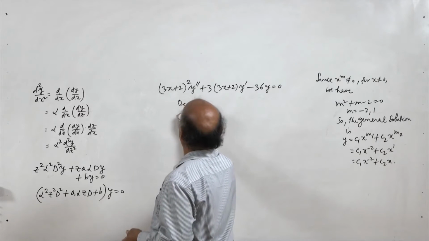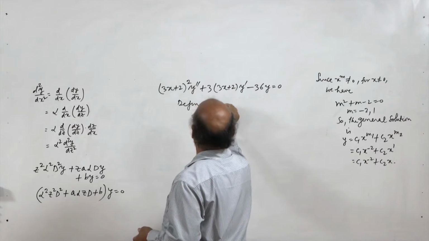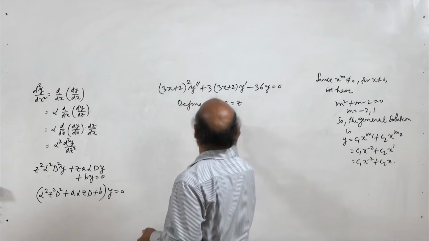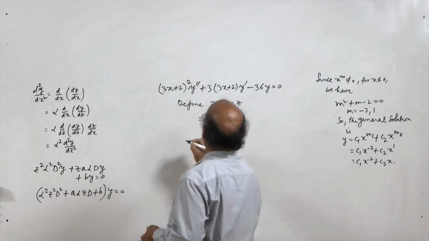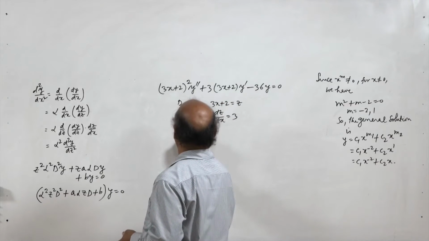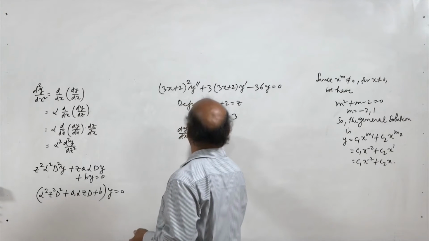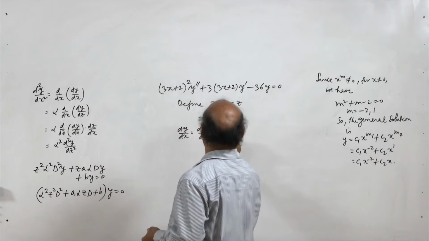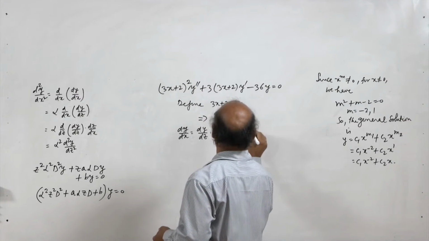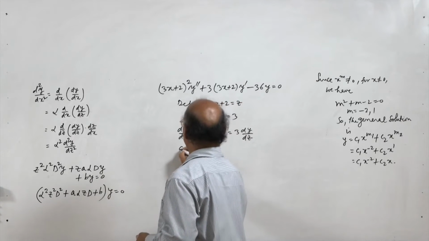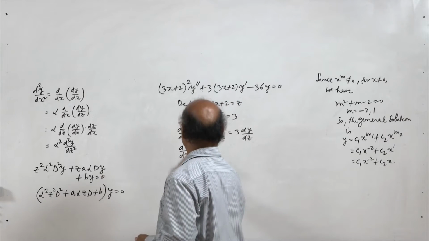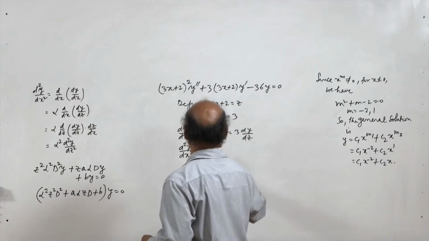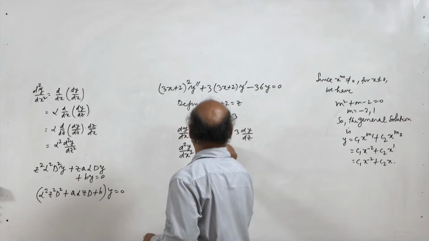So, define 3x plus 2 equal to z, then dz by dx equal to 3. So, dy by dx equal to dy by dz into dz by dx. So, we get 3 times dy by dz, and d square y by dx square is equal to alpha square, so this will be 3 square, so 9 times d square y by dz square.